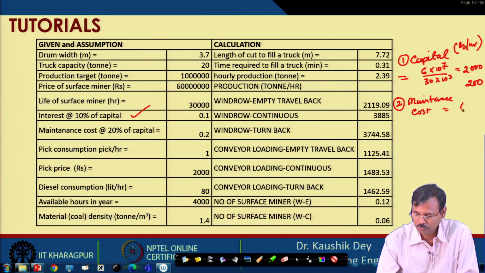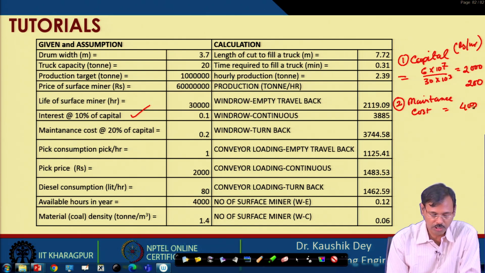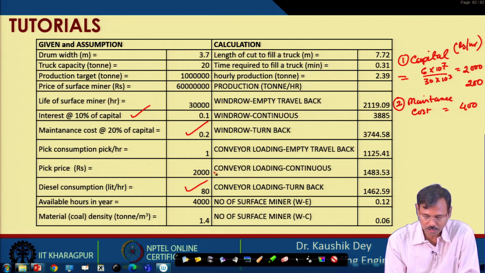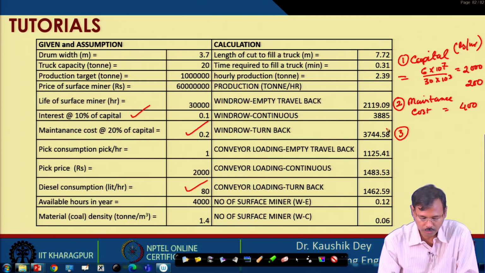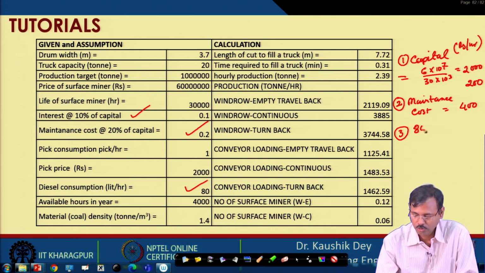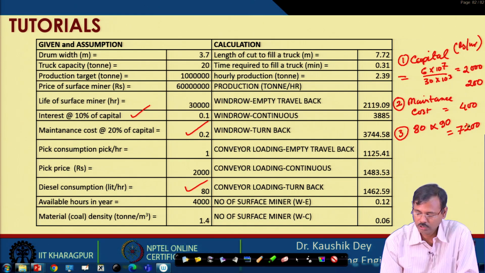So, that is 400 rupees per hour. Then we are considering diesel consumption. That is a little bit of deviation from the problem. We have considered 80 liter here. So, diesel consumption is 80, we have considered the diesel price is 90 rupees. So, 7200 is the diesel cost per hour.